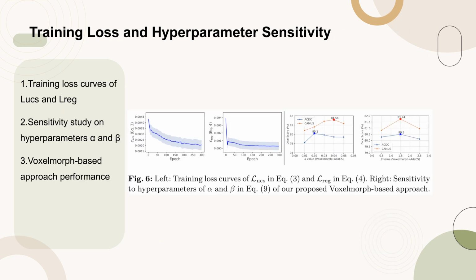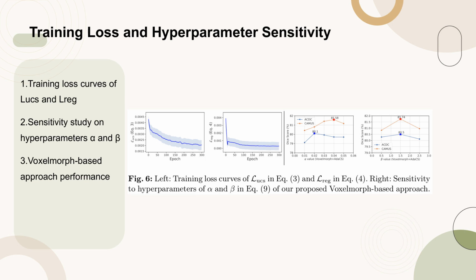Figure 6 illustrates the training dynamics of our proposed unsupervised scoring term L_UX and regularization term Reg. On the left, the training loss curves of L_UX in equation 3 and Reg in equation 4 are plotted, showing that both terms can be minimized jointly. On the right, the sensitivity of our voxelmorph-based approach to hyperparameters alpha and beta in equation 9 is examined.